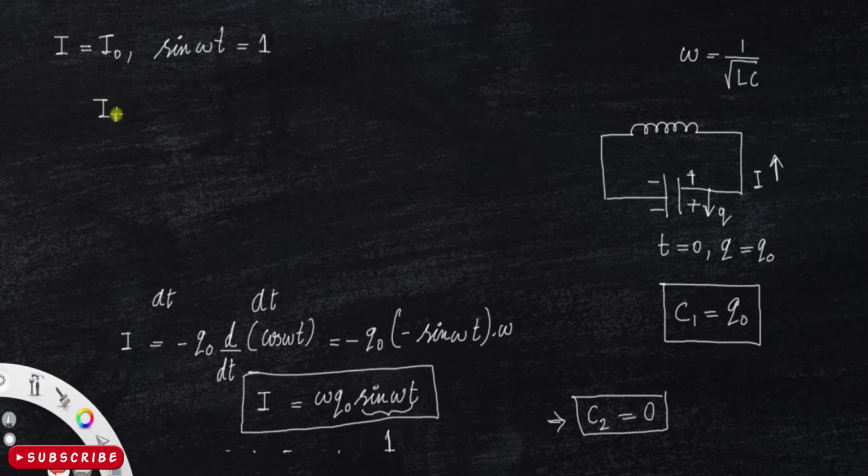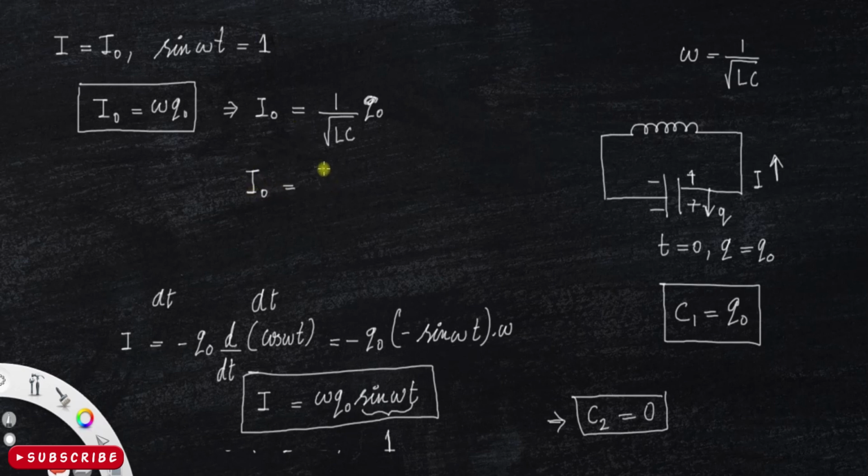So the value of I0 is omega times q0. Now I0 equals 1 by root of LC times q0, since the value of omega is 1 by root LC.